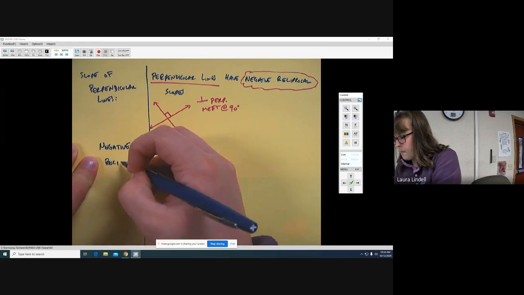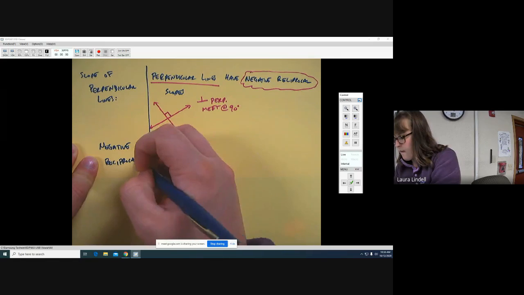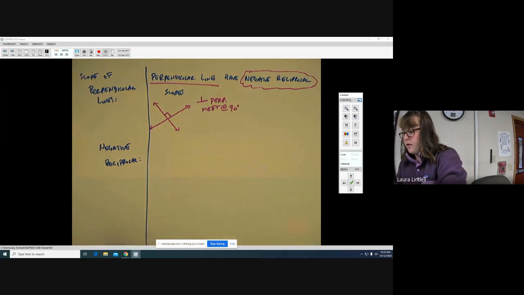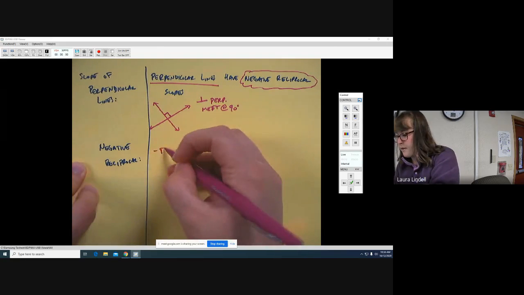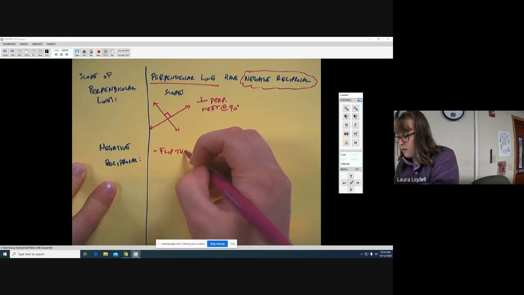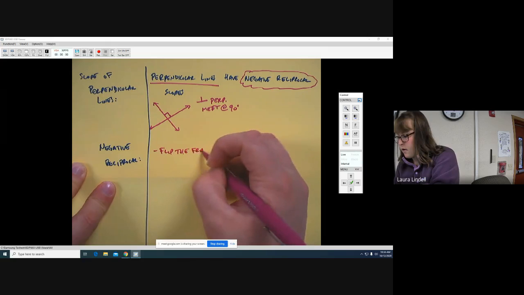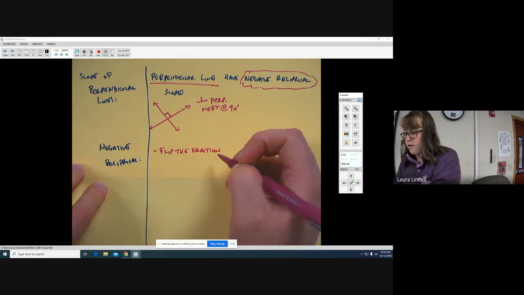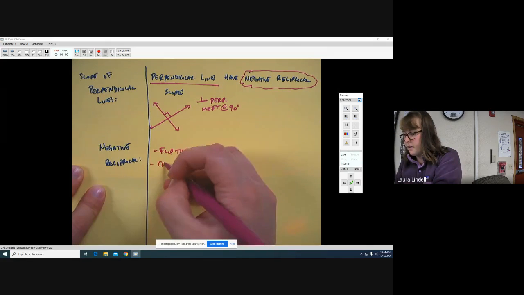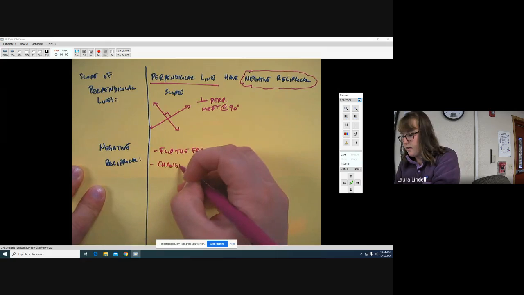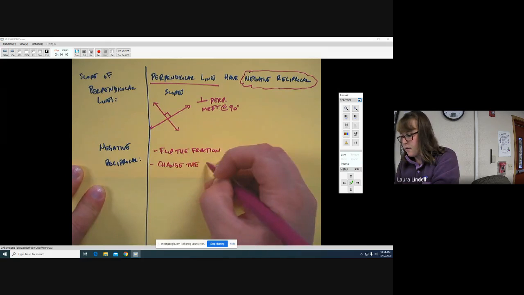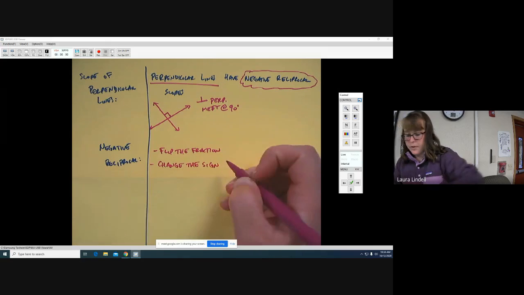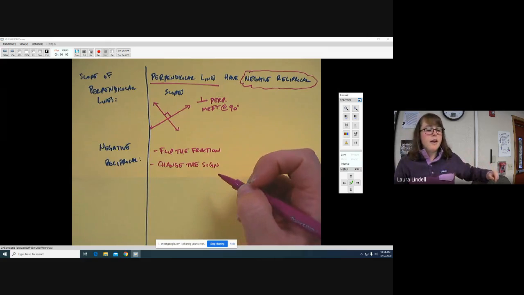You have to flip the fraction, and you have to change the sign. So flip the fraction over and then change the sign.